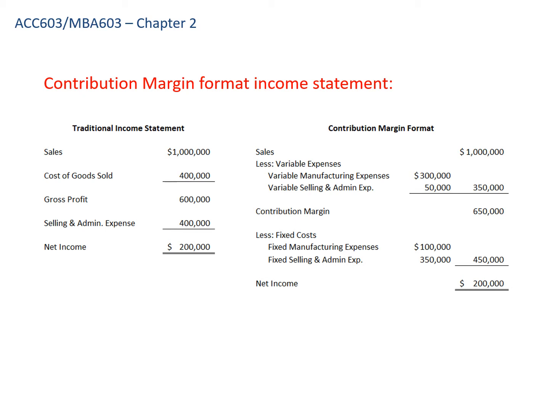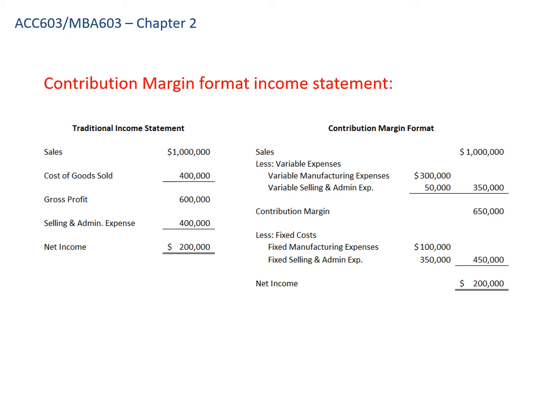So what I used to do is I would produce internal financial statements that were in the contribution margin format. So same result, same amount of sales. It's not, like I said, a second set of books. It's a different way of looking at the same information. But now I took that cost of goods sold figure of 400,000 and I split it into variable manufacturing expenses. That might be direct materials and direct labor.